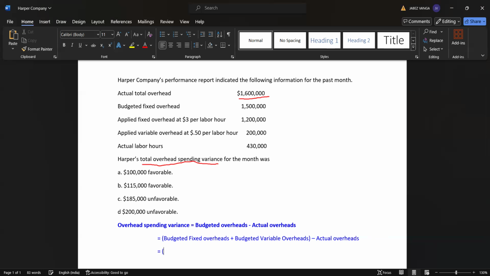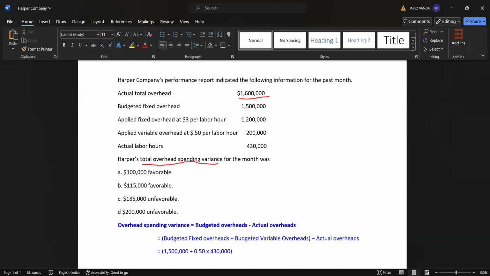If it is the budgeted fixed overhead, it would be the same 1,500,000 plus the variable overheads. See, variable overhead rate is calculated at the rate of 0.50 per hour into, but now the actual activity is 430,000 hours. So multiply it into 430,000.